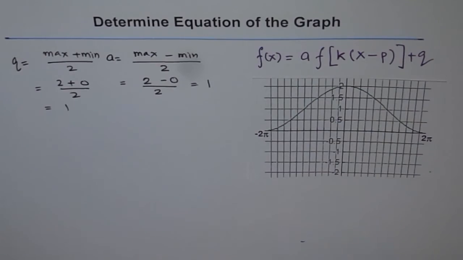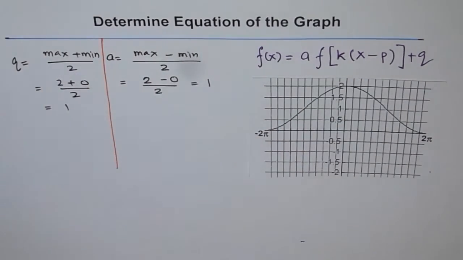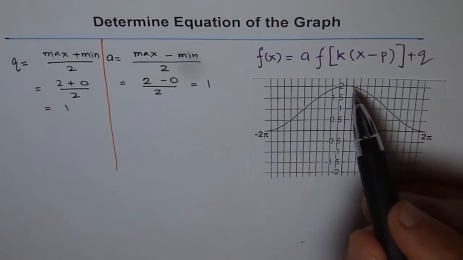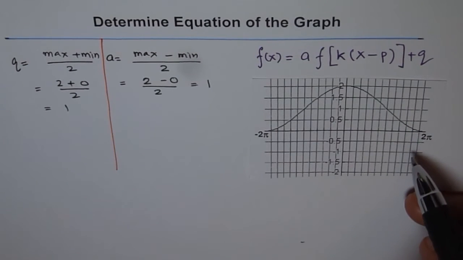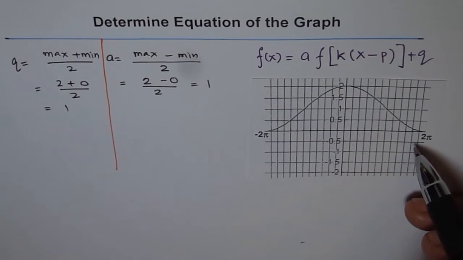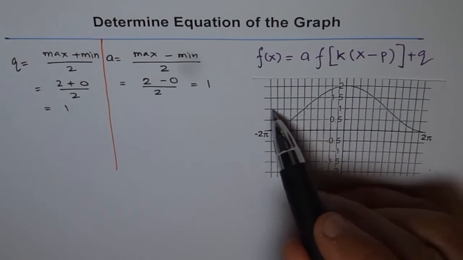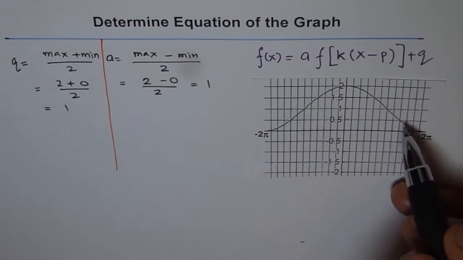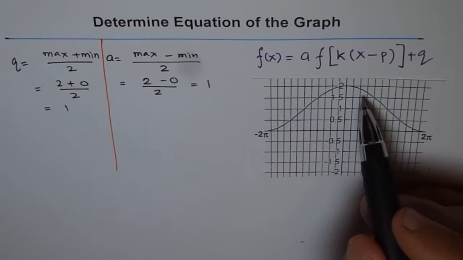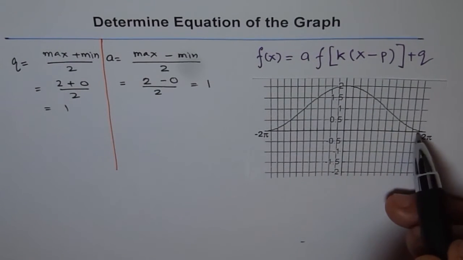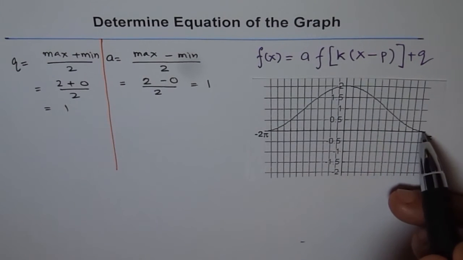Now, how to figure out the value of k? k is how many waves there are in 0 to 2π. It looks like a quarter of a wave, right? Actually it's just half a wave, not a quarter, because that is the line. So if you say 0 to 2π, in this case that seems to be half of the wave.